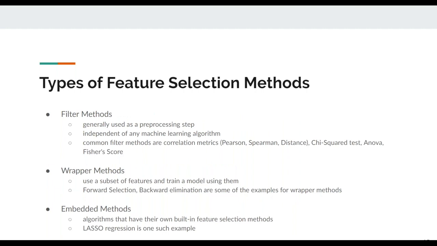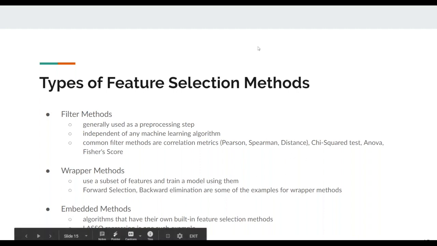If you look at the methods that are available, there are three main types: the filter methods, the wrapper methods, and the embedded methods. I'm not going to touch on the last ones because embedded methods are essentially cases where the algorithms have their own built-in feature selection process. The lasso regression case is one of those examples, so it includes a feature selection process in the machine learning approach.